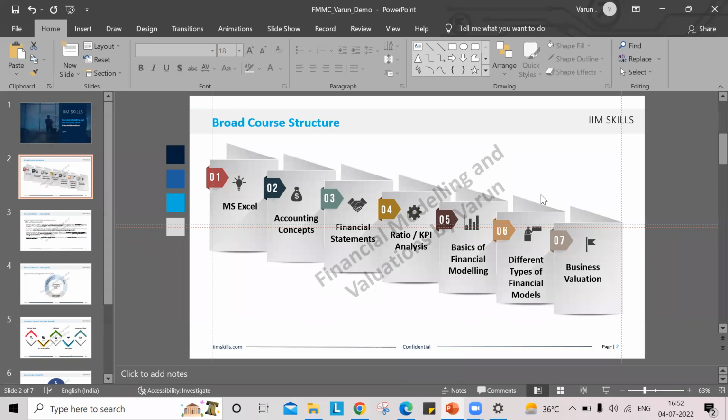But we know that we would be catering to a diversified pool of talent when we get the enrollments, so we have dedicated sessions for MS Excel as well. We will be teaching you from scratch what exactly MS Excel is, what the shortcuts are, what the different functions are, how you can improve your Excel speed, and what different types of Excel functions would be needed to ace this.